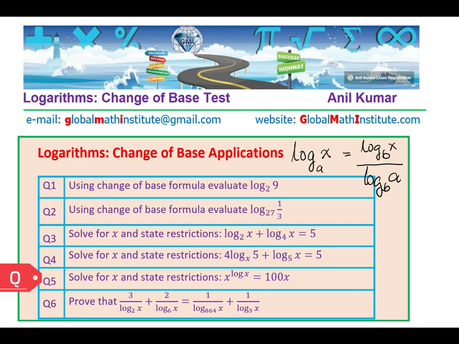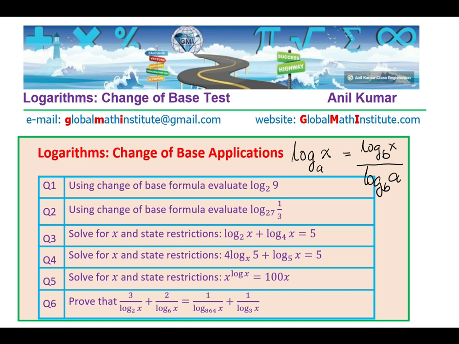These are the types of questions which you normally see in a test paper and which may sometimes trick you. The last one here is to prove that 3 over log to the base 2x plus 2 over log to the base 6x equals 1 over log to the base 864x plus 1 over log to the base 3x. So that is a variety of questions which normally are seen in a test paper.